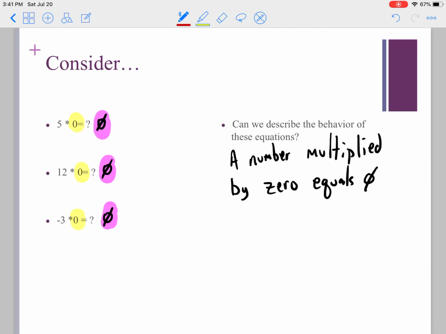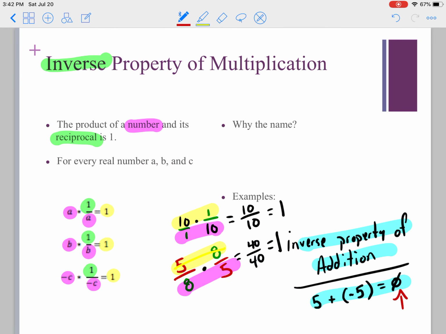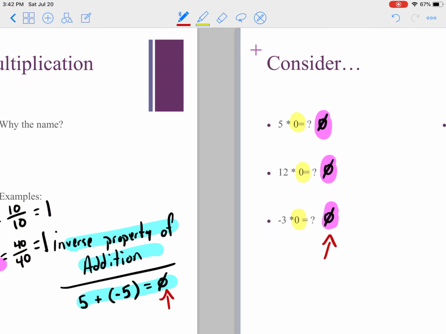The confusion is you look and notice all of these equal 0, and you think, oh, it's the inverse property. Must be the inverse property of multiplication. That is not correct. As you recall, the inverse property of multiplication was multiplying by the reciprocal.